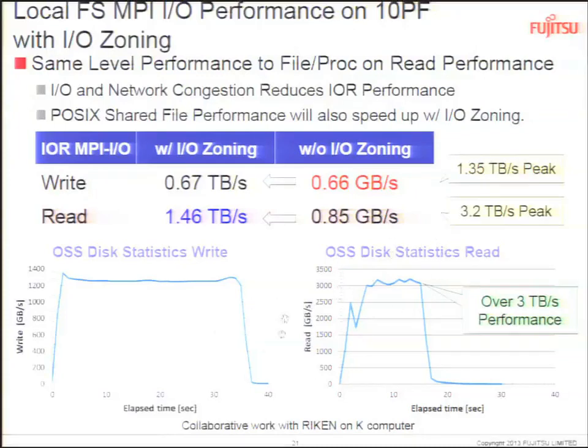And here's the result of statistics. Write performance is around 1.2 terabytes per second. This is the same. However, the performance is kept over 3 terabytes per second, but limited to a very small gigabytes per second.